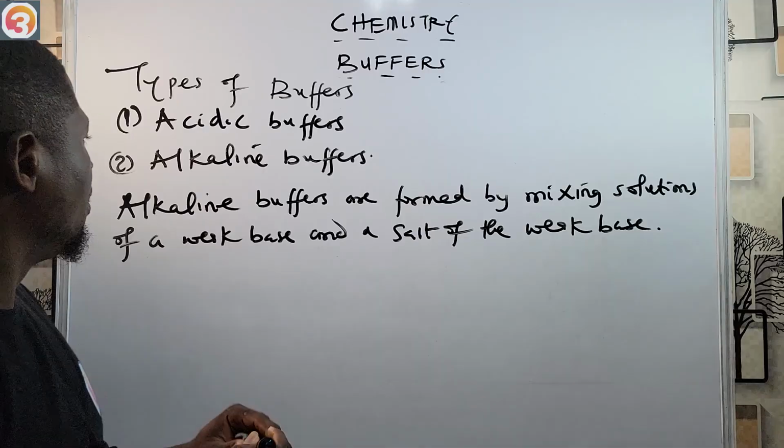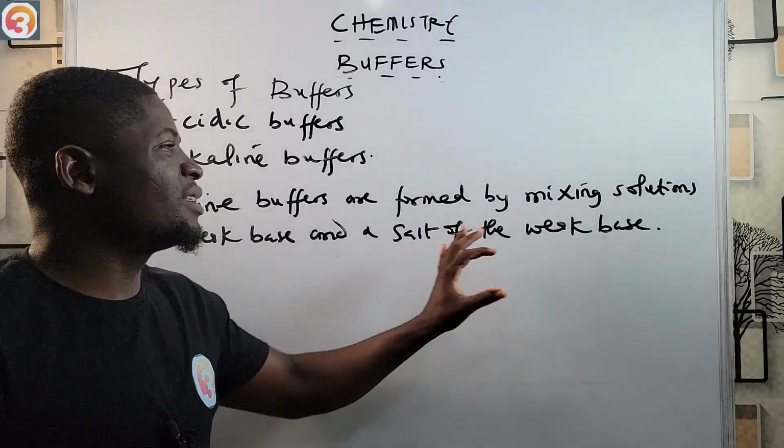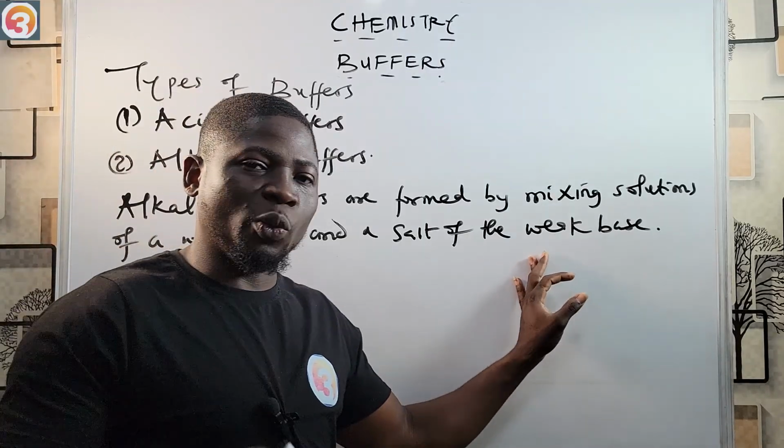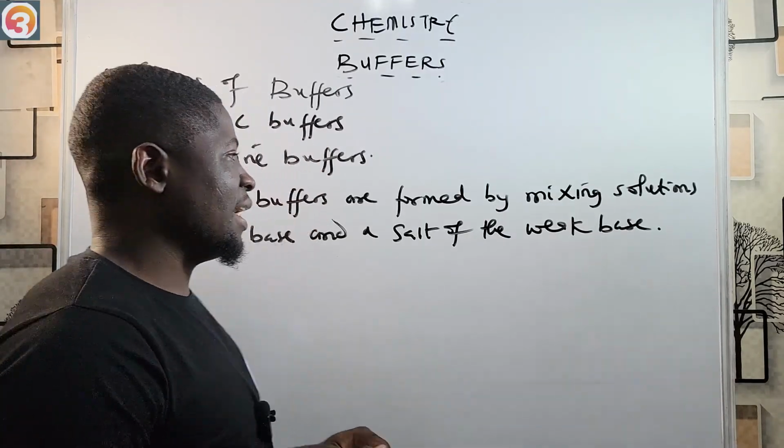All right. So alkaline buffers are formed by mixing solutions of a weak base and a salt of the weak base. Let's see an example.